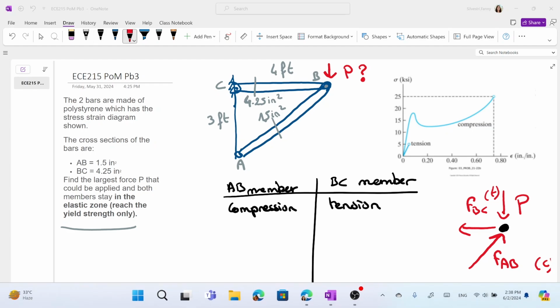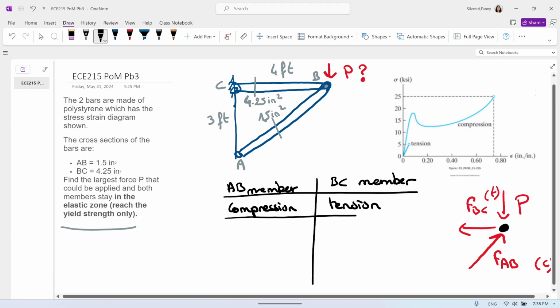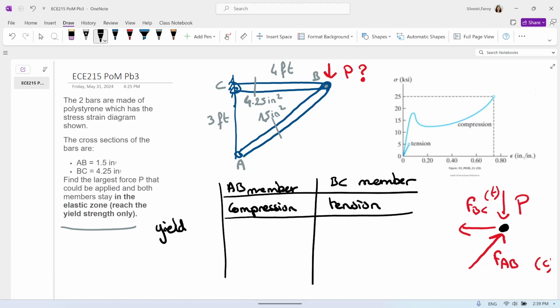Second piece of information: what will be the yield strength? AB is in compression, so we are on that curve there, and we want to stay in the elastic zone, so we have to stay all the way there.